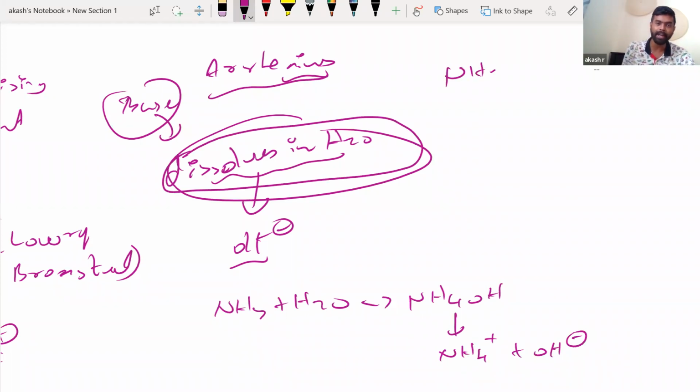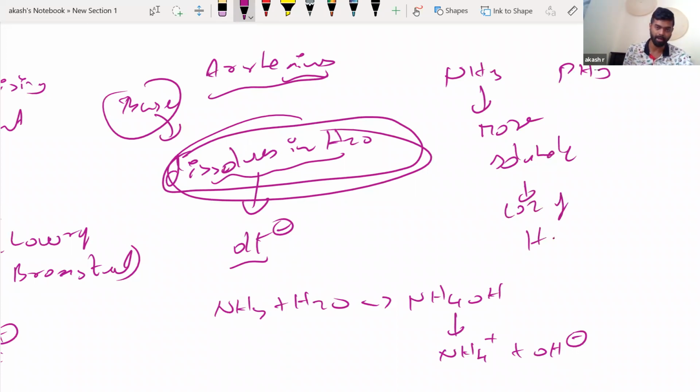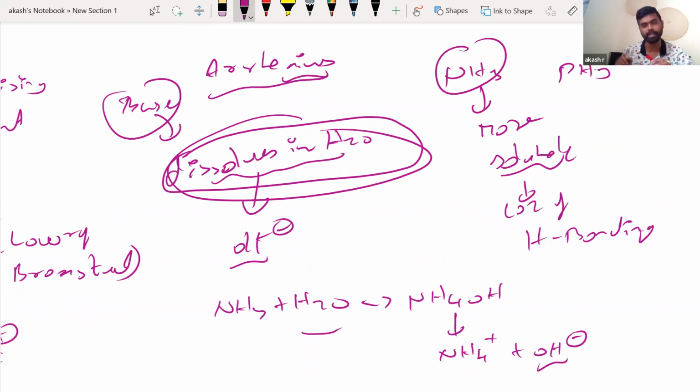If I compare NH3 and PH3, NH3 is more soluble in water than PH3 because of hydrogen bonding. Yes, absolutely. Since ammonia is more soluble in water, it can easily dissolve in water to give me OH minus, so it can be a better base. PH3 will not even be that soluble in water, so that cannot give me OH minus.